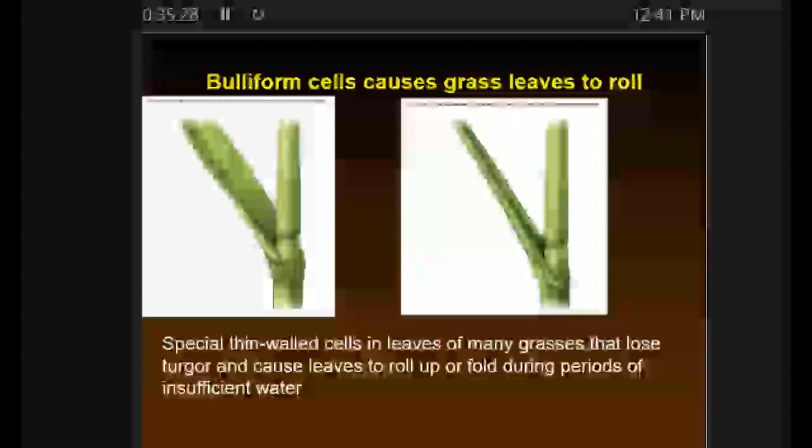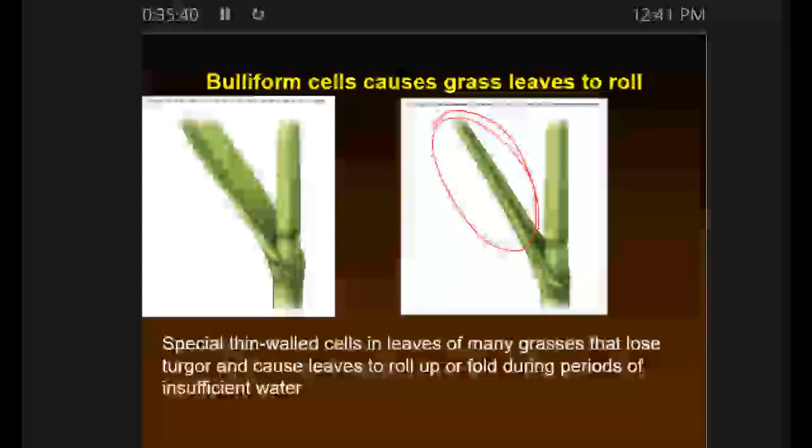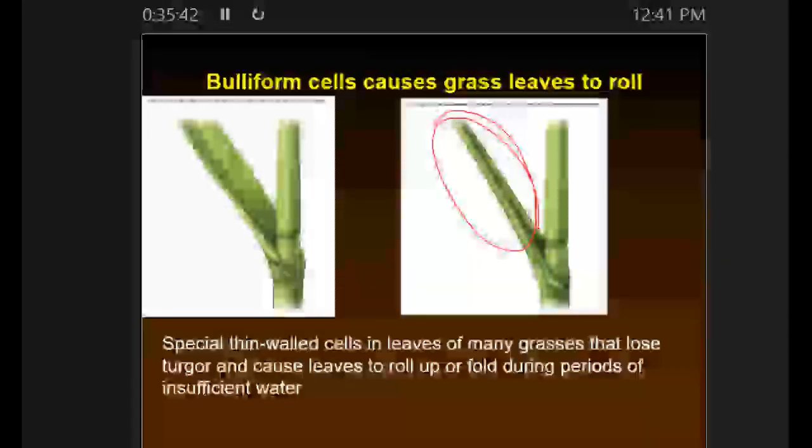And then here, sometimes if you're walking out in a field of grasses, and I've noticed this, and at first I'm like, what's going on? So when they roll up like that, the leaves roll up. Grasses tend to do that under drought conditions in particular.